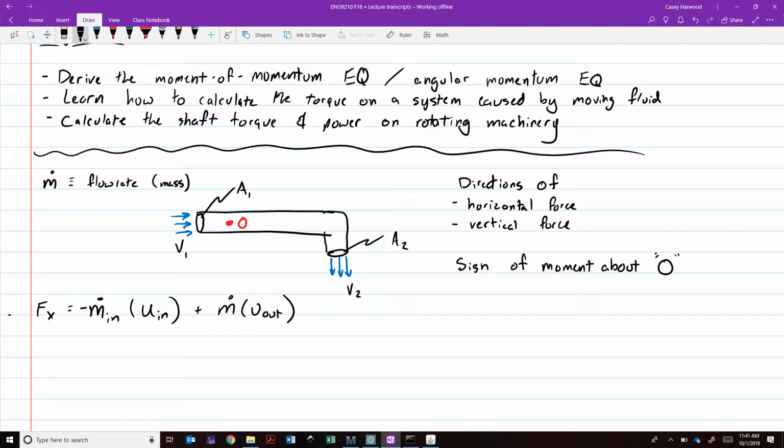We've already established that with one inlet and one outlet, m dot in is equal to m dot out, just m dot. So this is equal to m dot times u out minus u in.